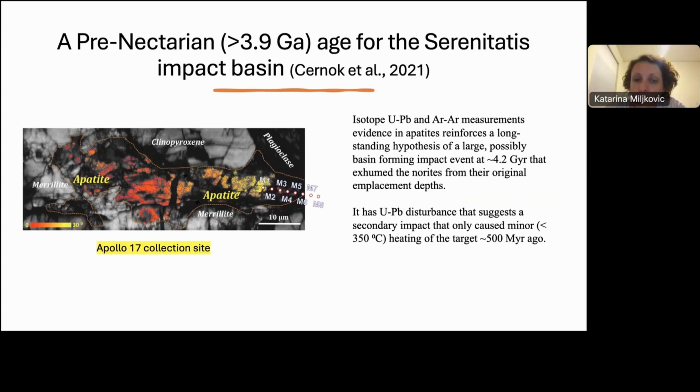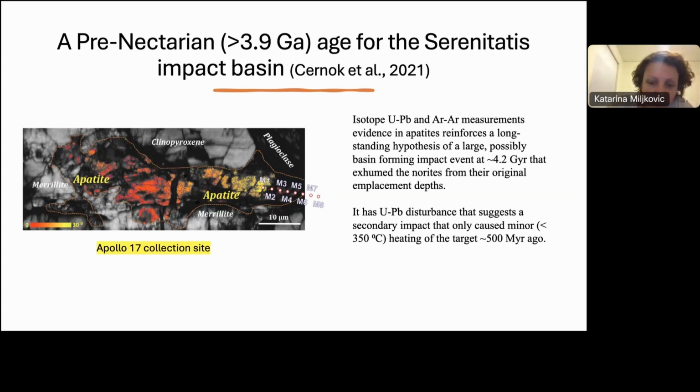So that means that in order for this sample to be placed at the Apollo 17 collection site, it has suffered a couple of impacts, one very early on and another that gave it moderate heating. So a big crater and a small crater.